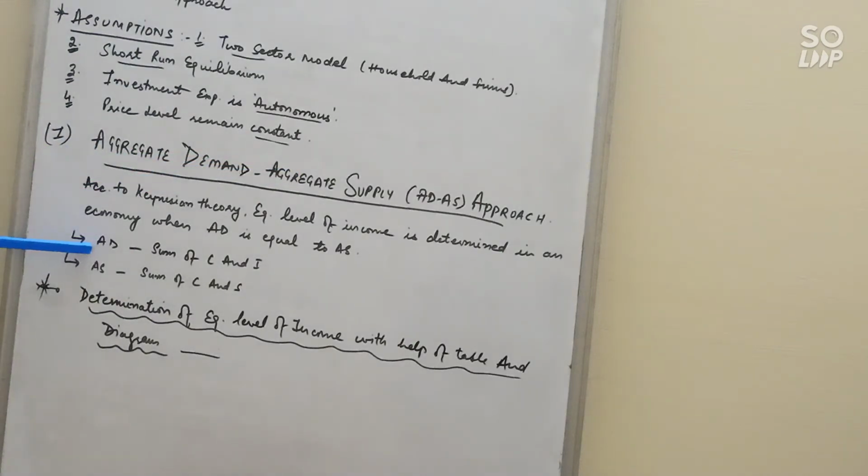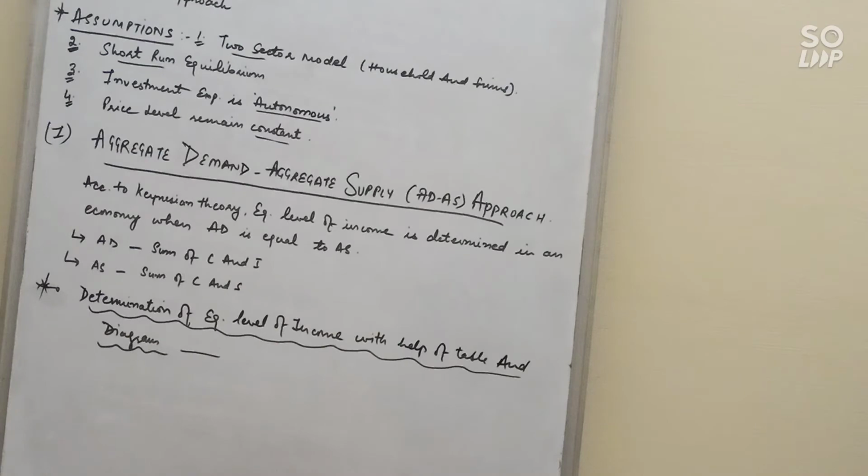The meaning of AD is the value of total goods and services which is planned. You will write the meaning of AD and the formula of AD, that is C plus I, and explain the meaning of these two. Then for AS, aggregate supply, you will write its meaning; it has two components, consumption and saving, and it makes a 45-degree angle.